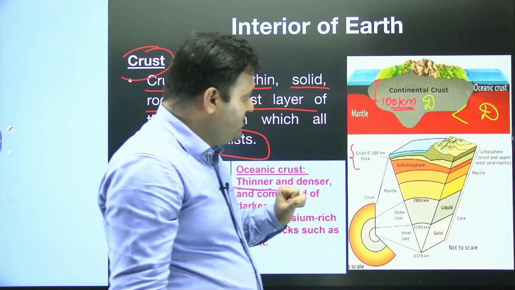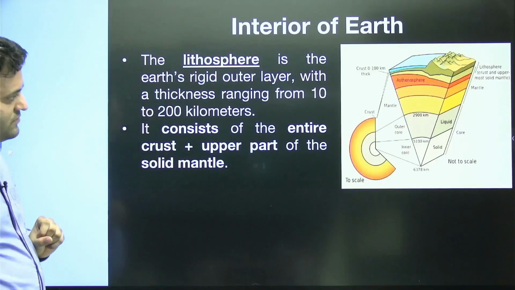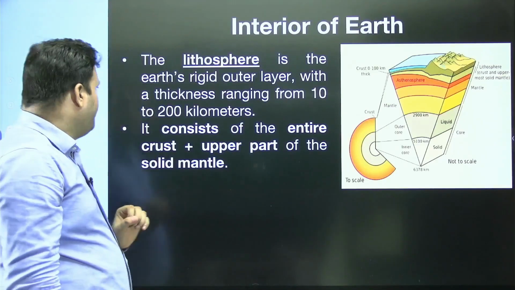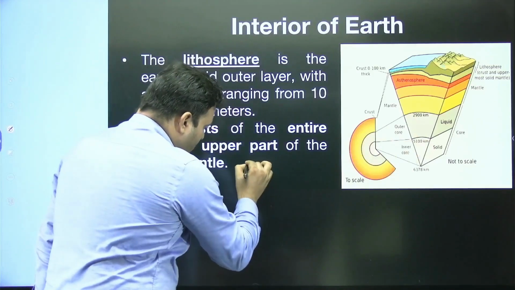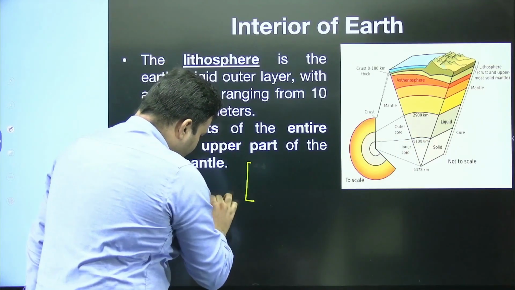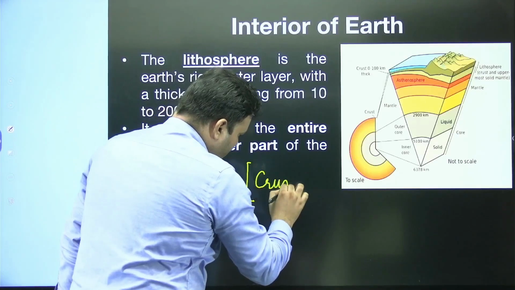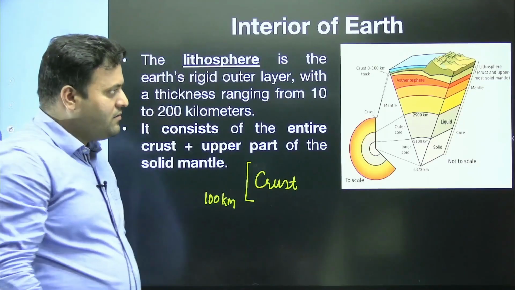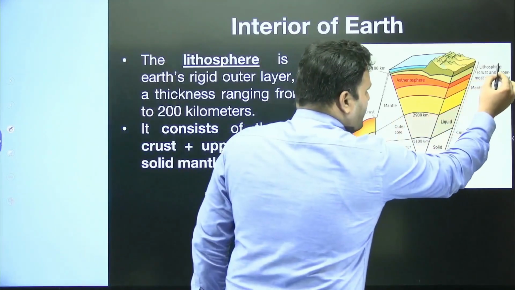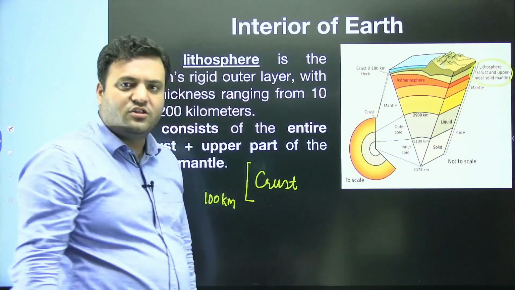Moving ahead, here we have one word which has been used. From the surface till the depth of 100 kilometers, we have what? Crust. Then here you will see we have a part which is called lithosphere.